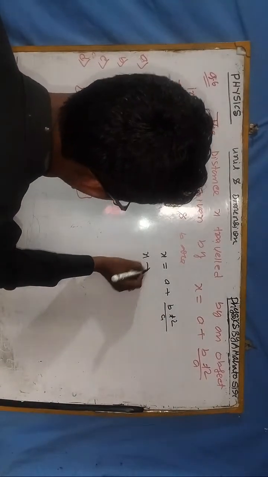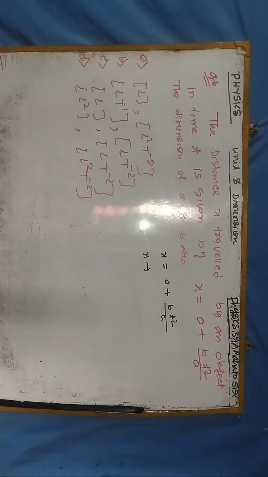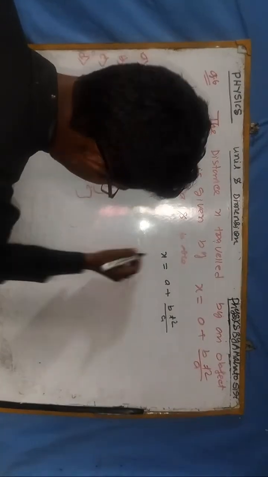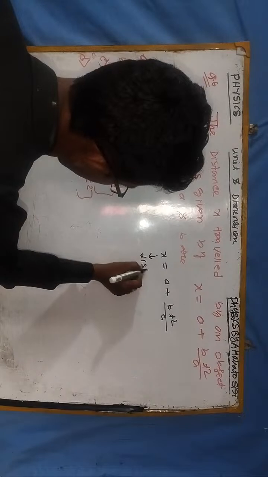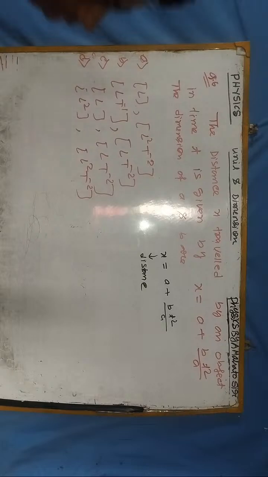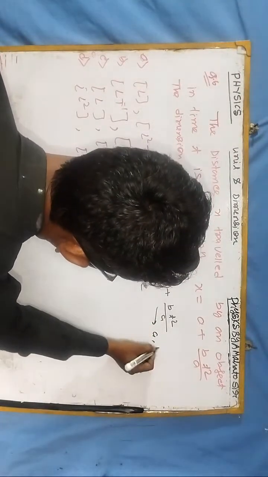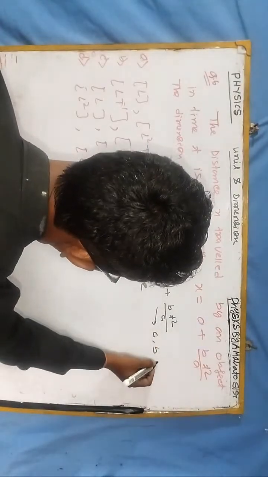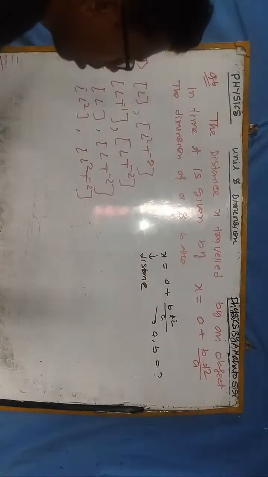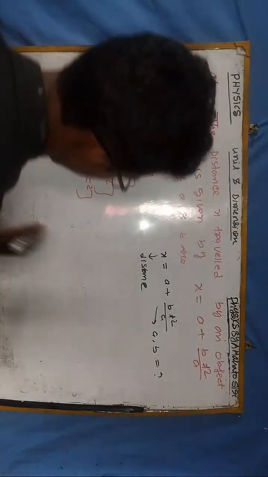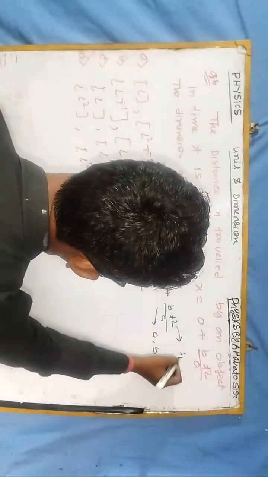Here x is distance, a and b are constants to find out, and t is the time.